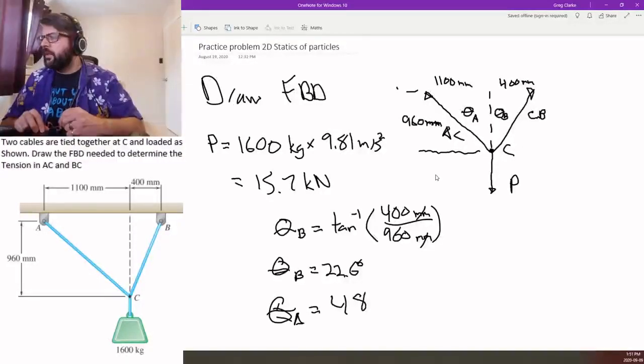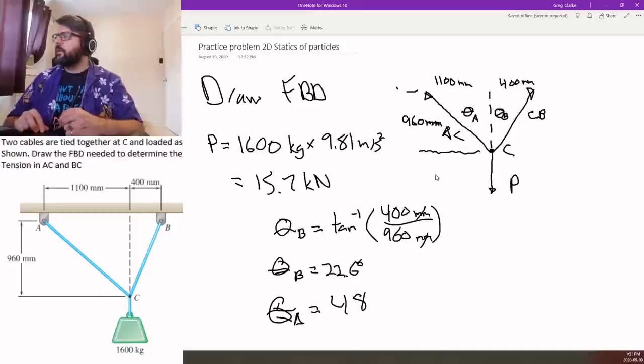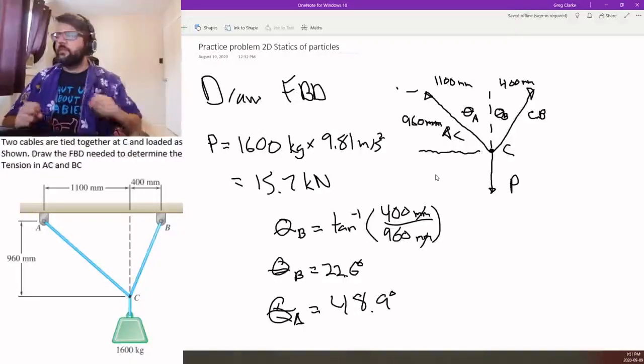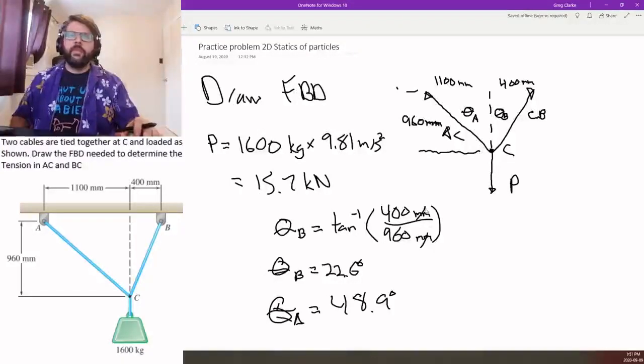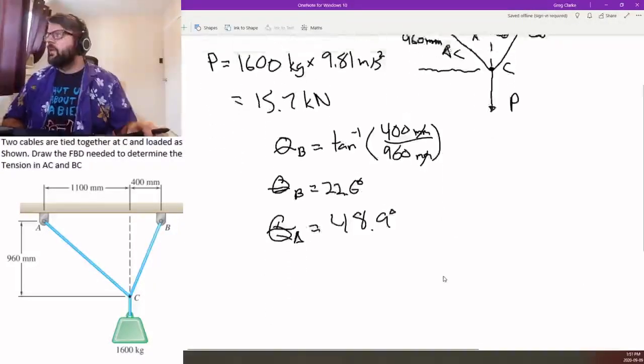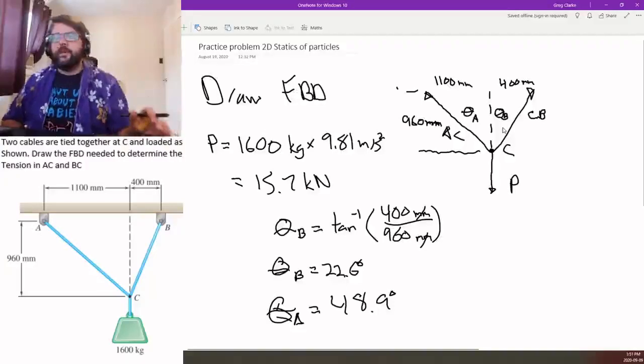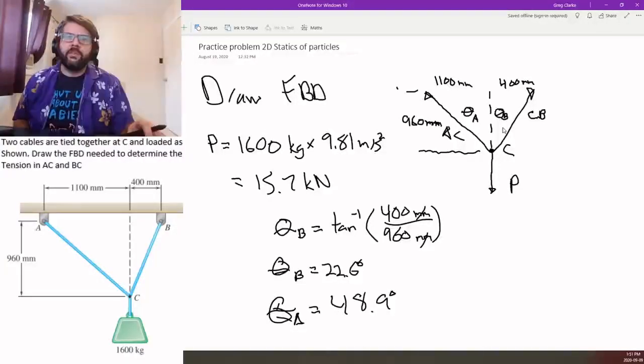That's going to be 48.9 degrees. So we've got those numbers there. We've got our free body diagram there. That's essentially all the question asks for.